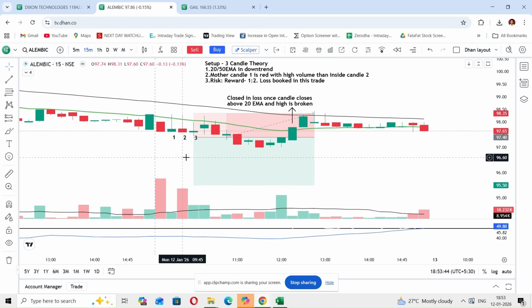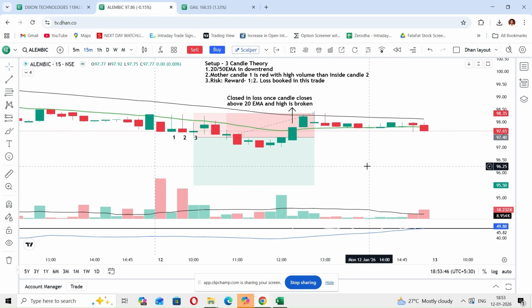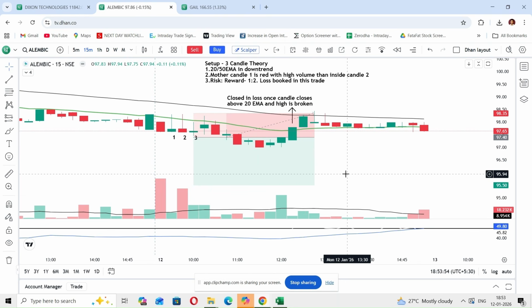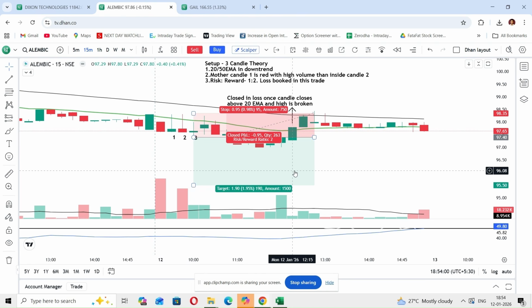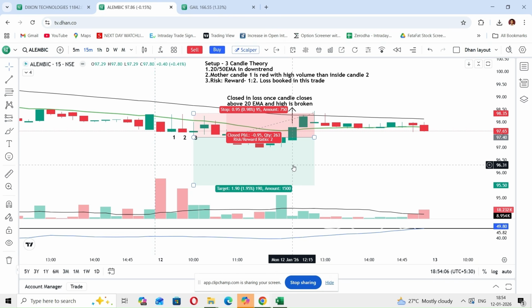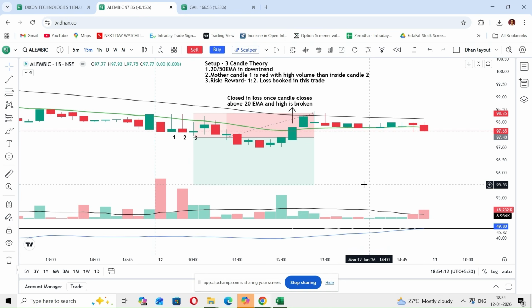Fine. Now if you see here also, my 2-hour target was not hit, and the stock reversed and closed above the 20 EMA. As soon as it closed above the 20 EMA, I immediately shifted my original SL to the high of this candle, that is the 12:15 candle's high.